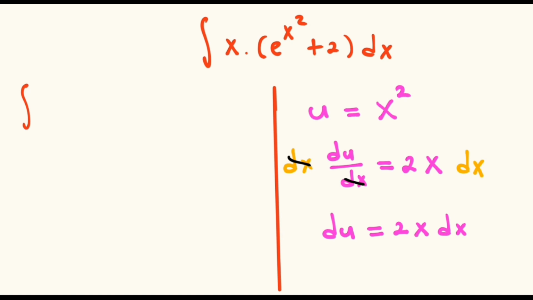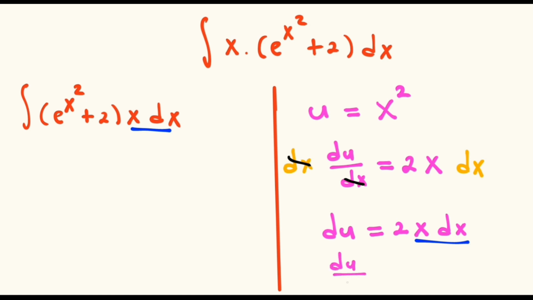We rearrange our integral as the integral of e raised to the power x squared plus 2, and later we write the x and the dx. We have the x dx, and there we also have the x dx. So let's divide both sides of the equation by 2. So we have du over 2 will be equal to x multiplied by the dx.